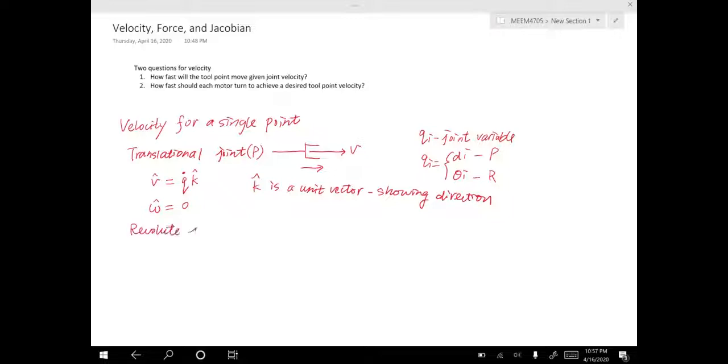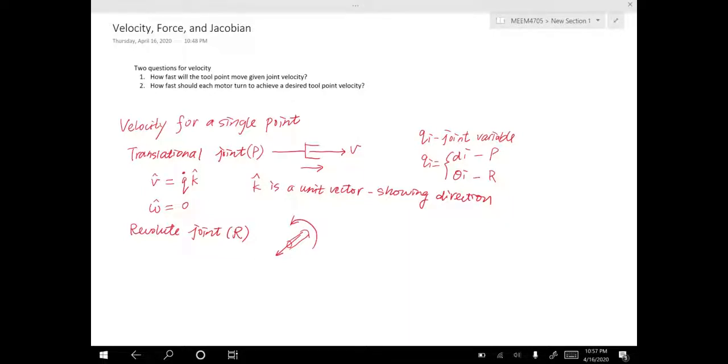For a revolute joint, that is R, let me draw it this way. Assume that this is the rotating axis, and right here we have a revolute joint rotating around this direction.